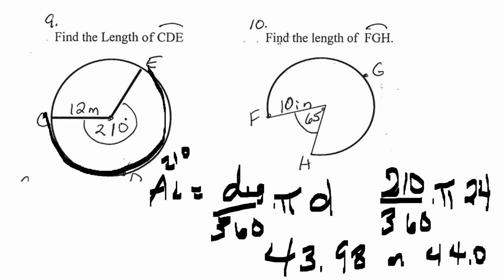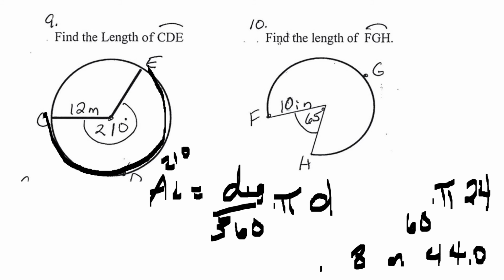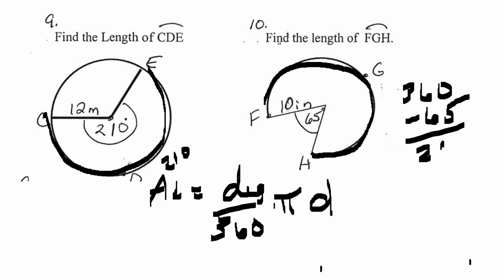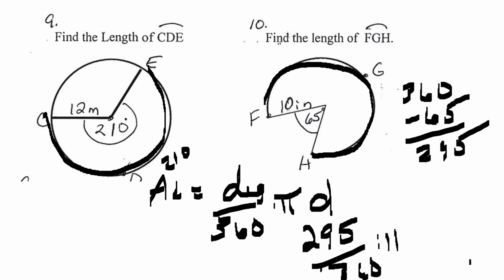Okay. And then, same formula for the next one. Just be careful with your degrees. You have all FGH, all of that, and just like the other one, I need to take it away from 360, and I get 295. So 295 over 360 times pi times diameter 20.